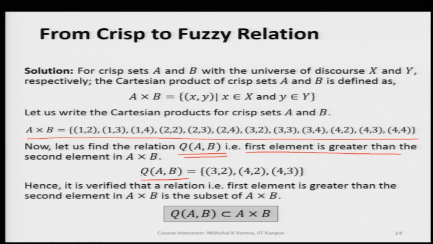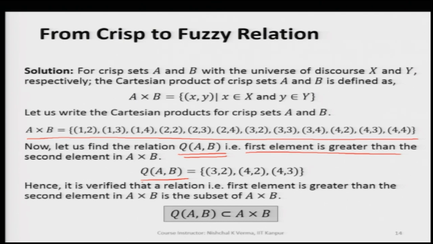If that is true, then we can write Q A B as a set of these 3 pairs for which the first element is greater than the second element. We can see here that we have 3 pairs, that is (3, 2), (4, 2), (4, 3), where the first element of the pair is greater than the second element in all 3 pairs.